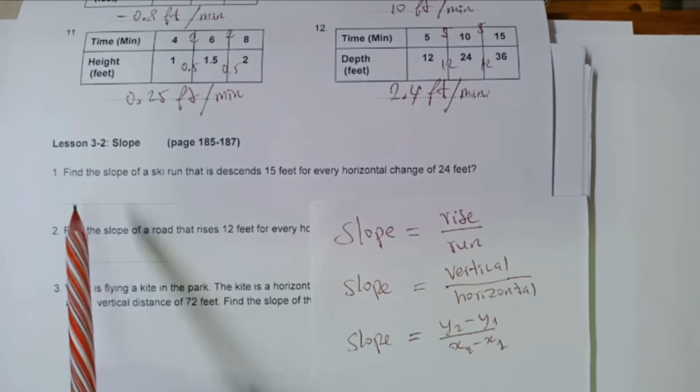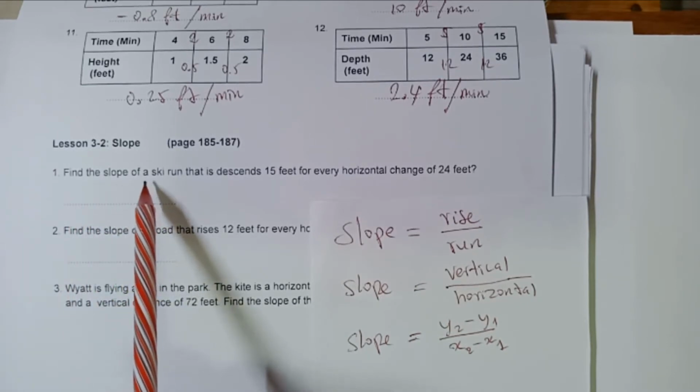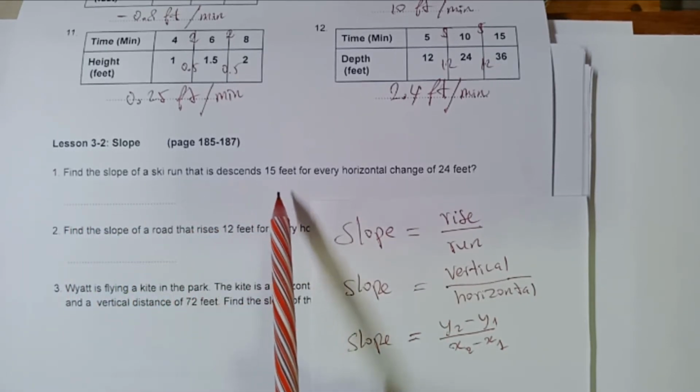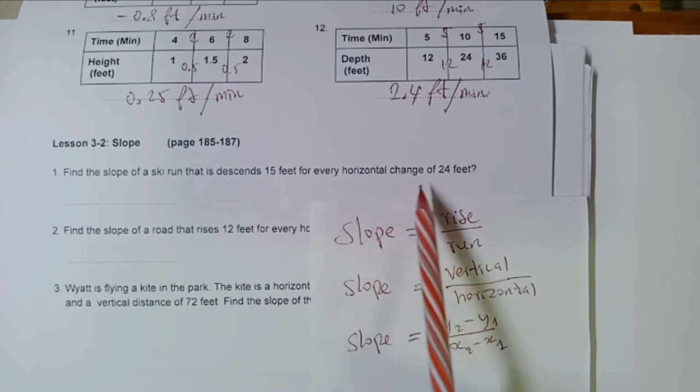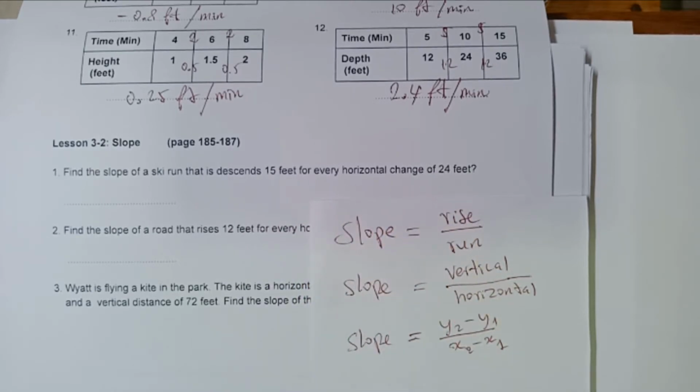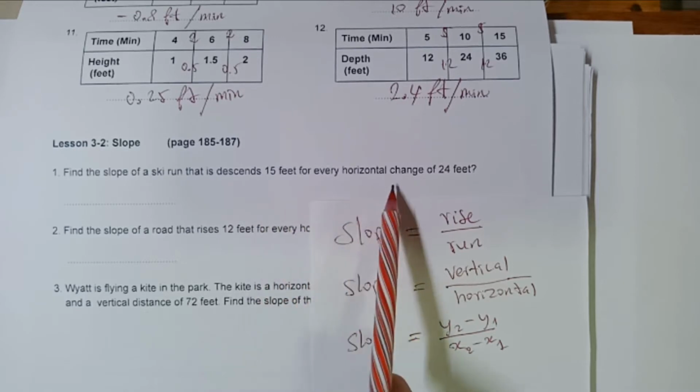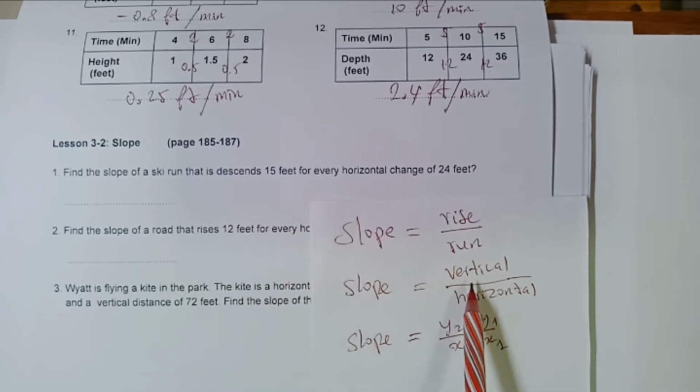Slope. Find the slope of a ski run that descends 15 feet for every horizontal change of 24 feet. In this case we have rise over the run, or you can use the formula vertical distance over horizontal distance.